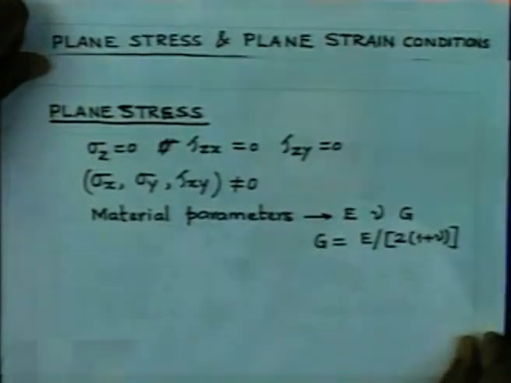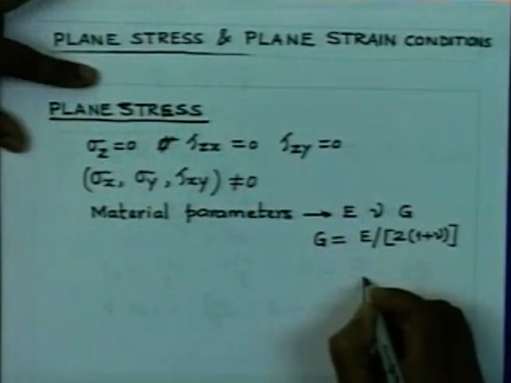Whenever a component is loaded in a direction, there is going to be strain in that direction, and that is going to be coupled with the strain in the other two orthogonal directions, and that effect is obtainable through the Poisson's ratio.